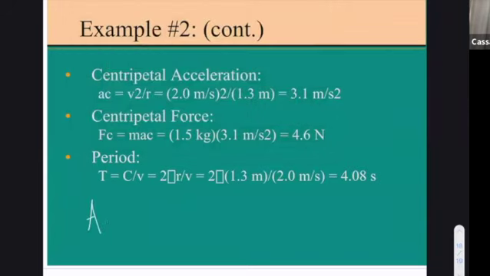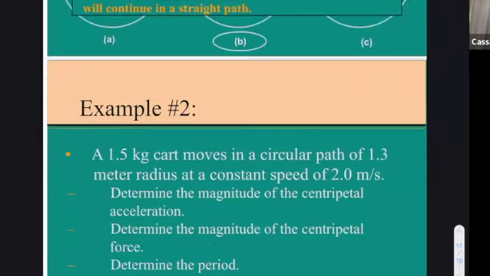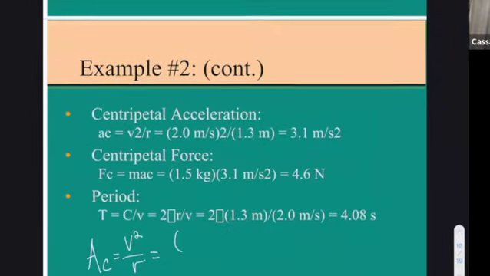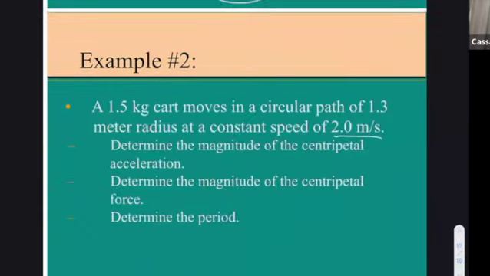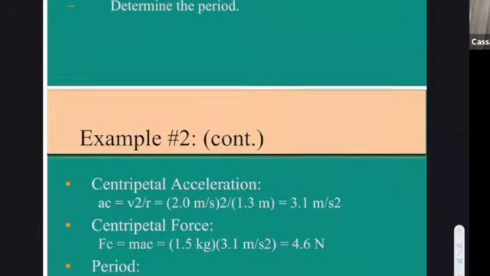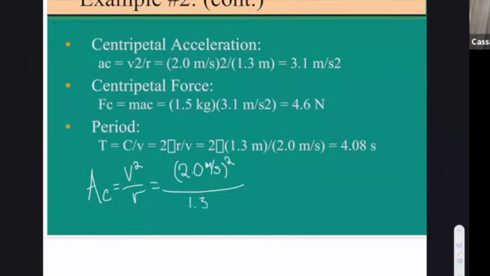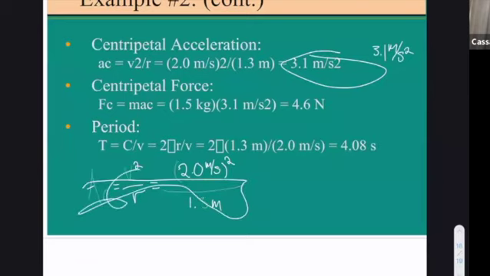A sub c is velocity squared all over the radius. We were given a velocity of 2 meters per second, and that's squared. And then we are given the radius of 1.3 meters. So we plug that in and we get 3.1 meters per second squared. That is our A sub c, our centripetal acceleration.